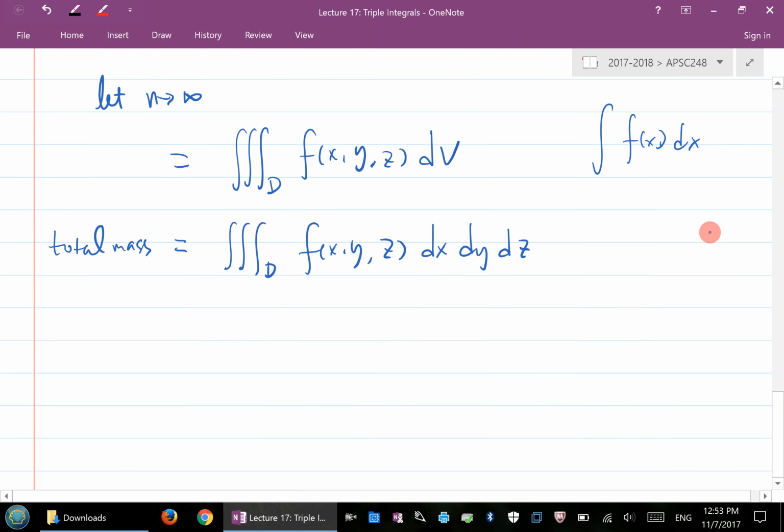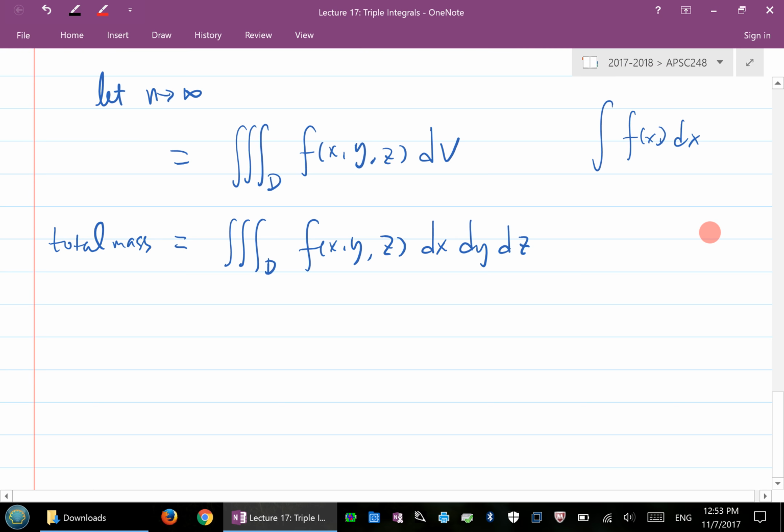For example, here's another quick application. If this function f of x, y, z equals 1, so if this function happens to be 1, then what does this triple integral become? It just becomes this. So you integrate over the D, and basically there's no integrand, the integrand is 1.